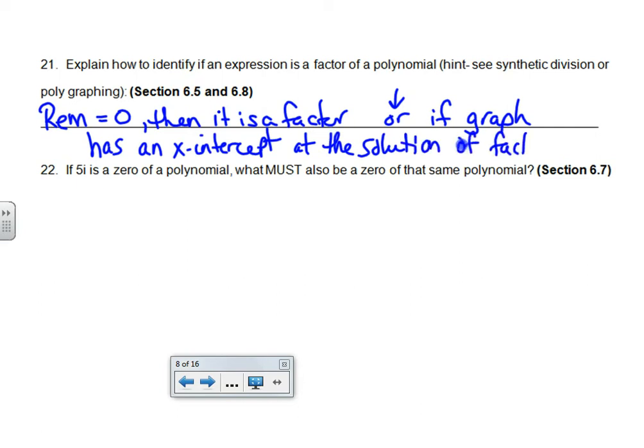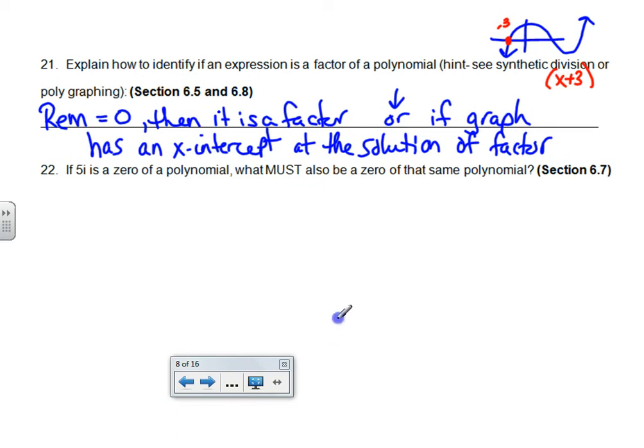So as an example, if you had a polynomial that kind of looked like this, and you saw right here that it had an x-intercept at, let's say, -3, that meant that x plus 3 would be a factor of that particular polynomial.